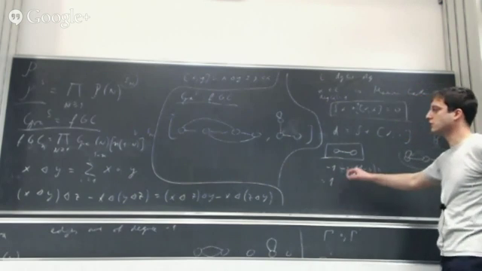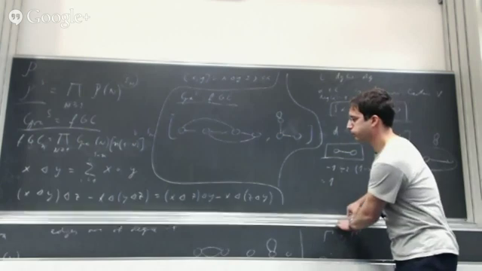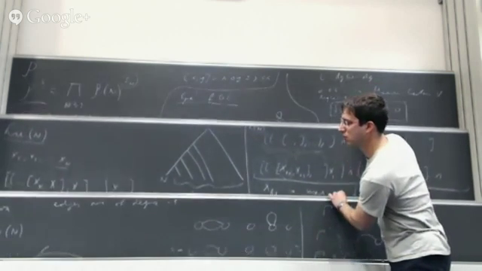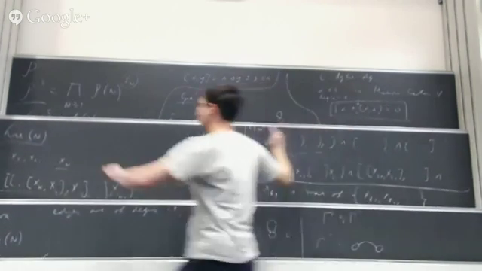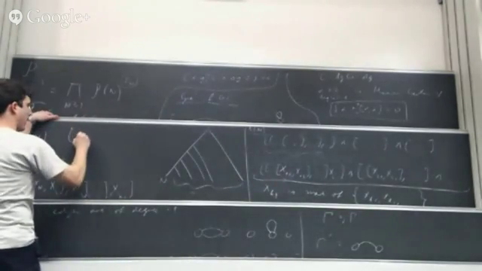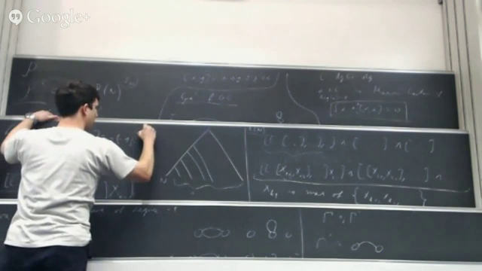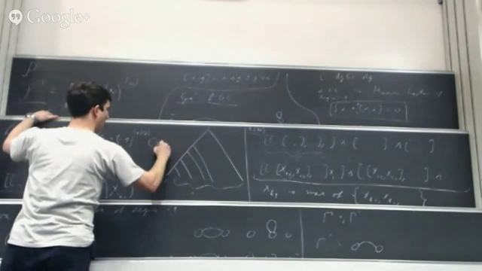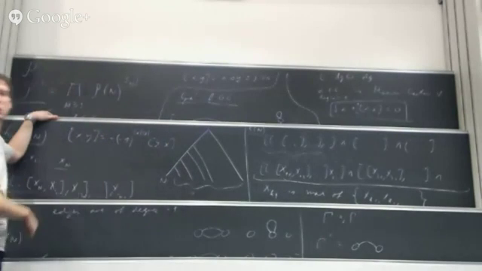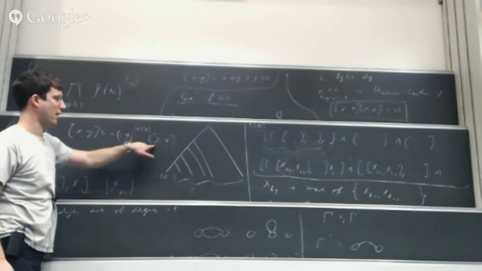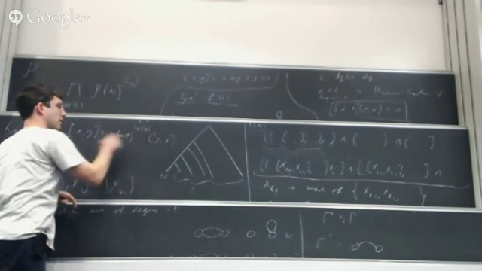No, because you remember, the bracket of x, y is minus 1 to the power of the degrees, x y, y x. So if the degree of x is 1, then this is 1, 1, and I have plus.